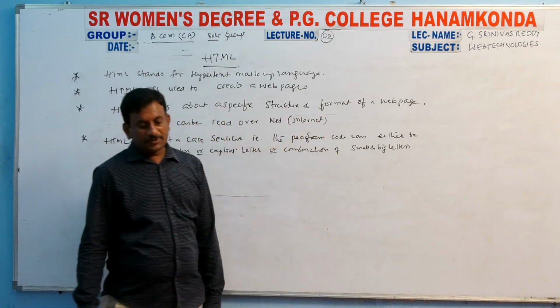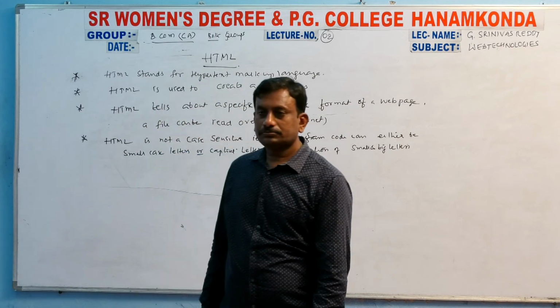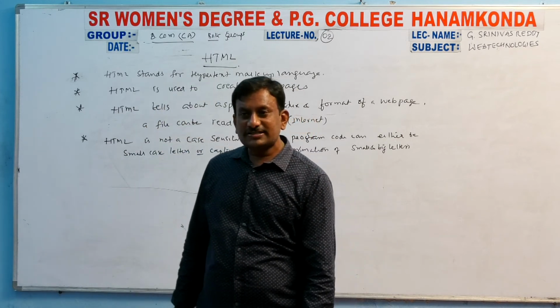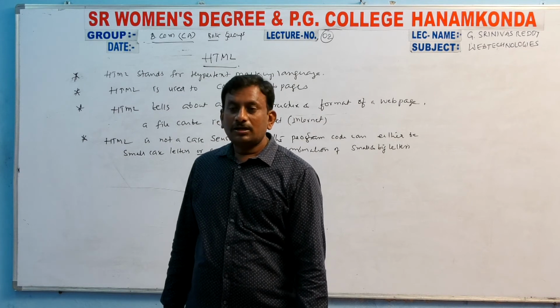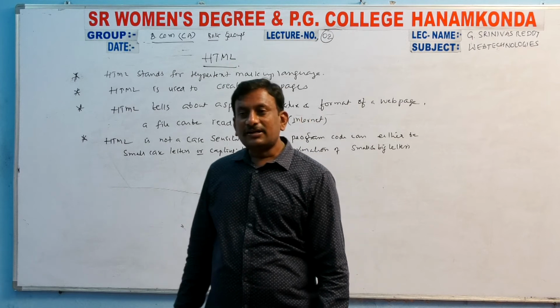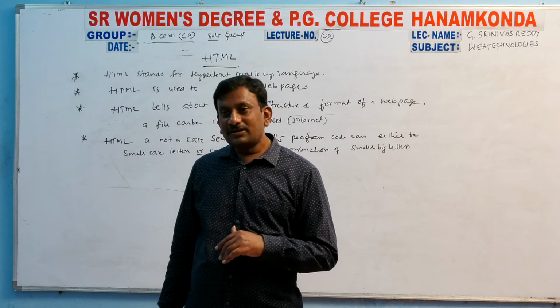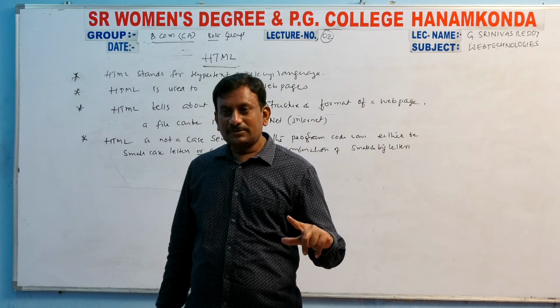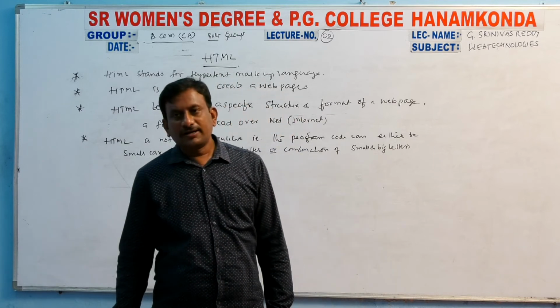For example, C language only is case sensitive. If you write only small case letters, that is preferred. In C, capital A and small a are distinct, but here capital A and small a are the same. That means it is not case sensitive.